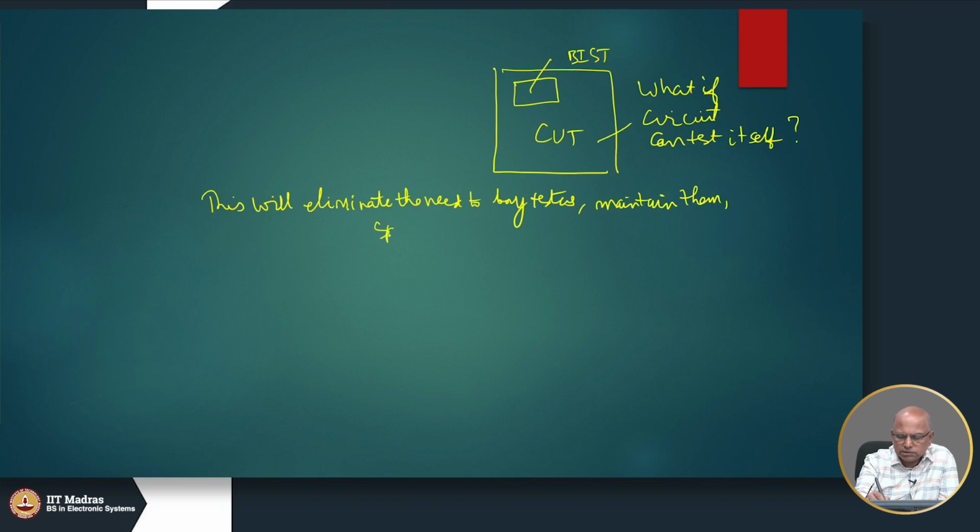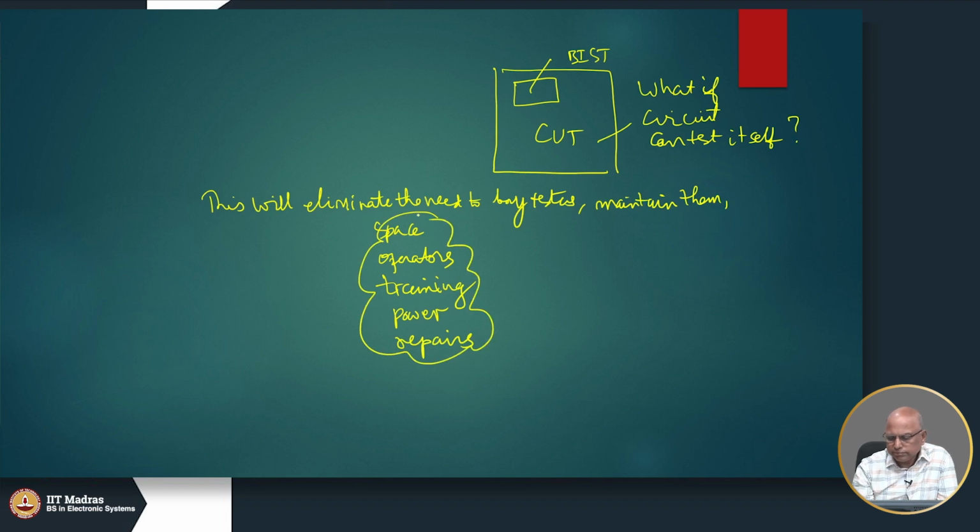They will need space, they will need operators to operate them. There is a training that we have to provide to operators, which is expensive, right? They will draw a significant amount of power, they may need repairs. So, all of this is expenditure. Okay. So, we can bring it all down to 0 if the circuit could test itself.